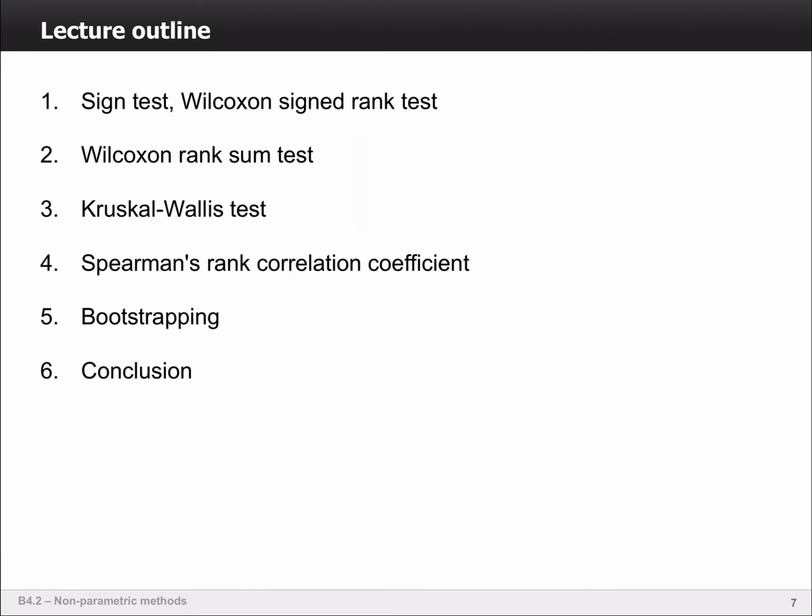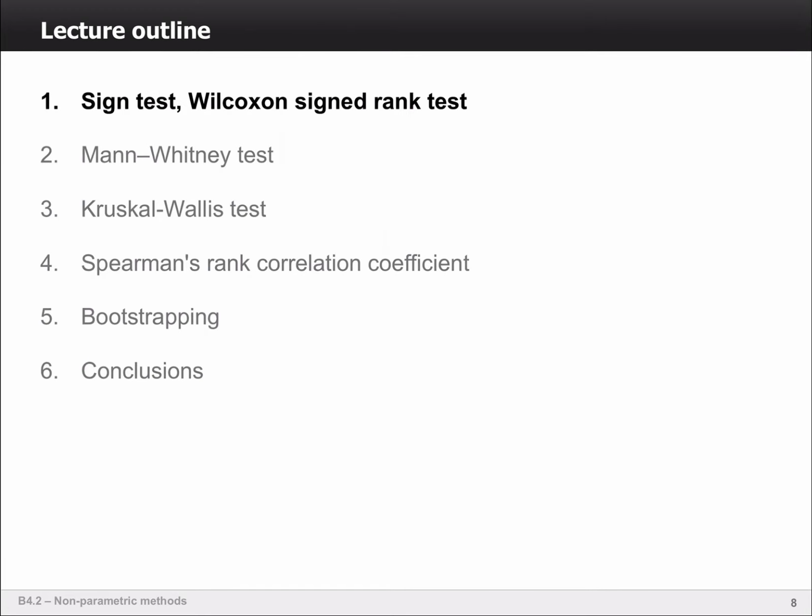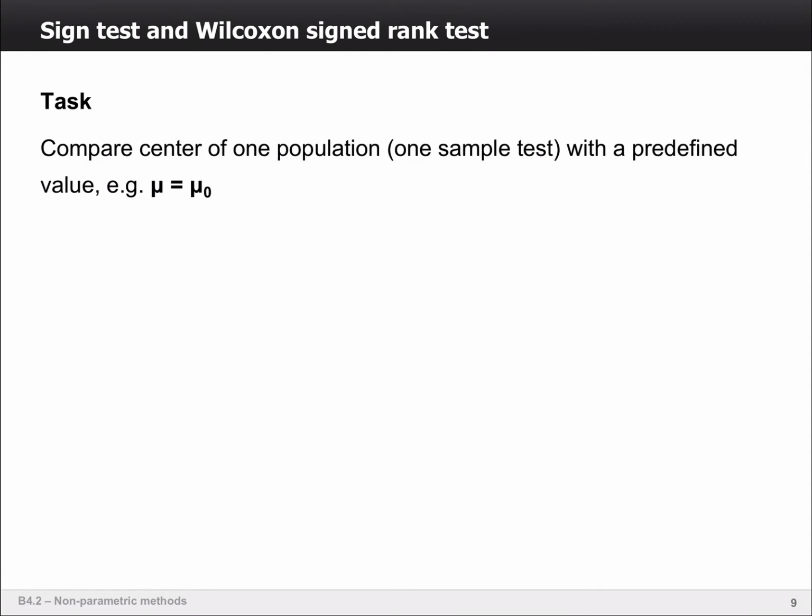So let's start with the first case: what to do if you have one sample and you would like to know something about the average value of the population. Well, you know that in the parametric approach we use the one sample t-test for the average value.